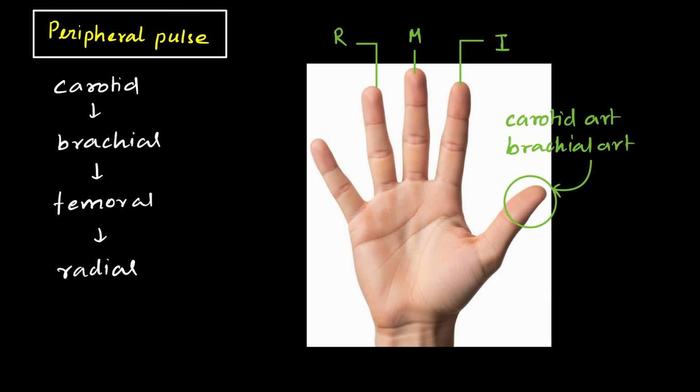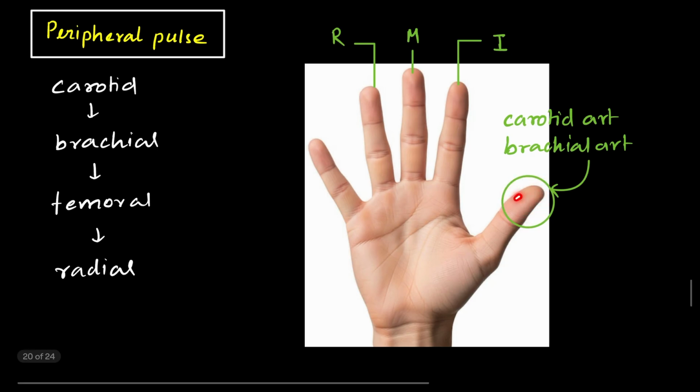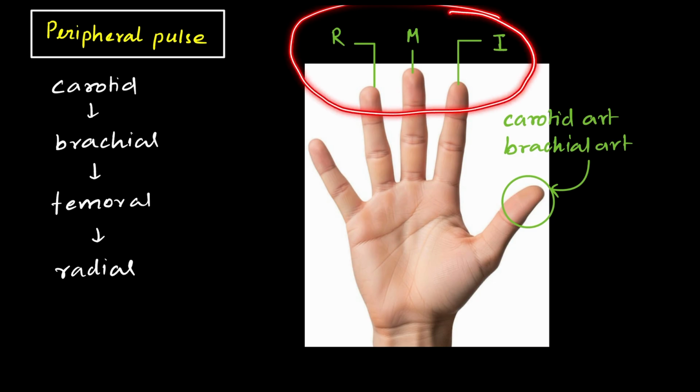However, in some literature, it has been mentioned that you are not supposed to use your thumb to palpate pulsations because the thumb has a strong pulsation of its own. So if you use your thumb to palpate other arteries, you might feel the pulsation of your own thumb rather than the pulsation of the artery that you are trying to palpate. But for now, just remember, for all the pulses, we are going to use these 3 fingers, and for carotid artery pulse and brachial artery pulse, we are going to use the thumb.